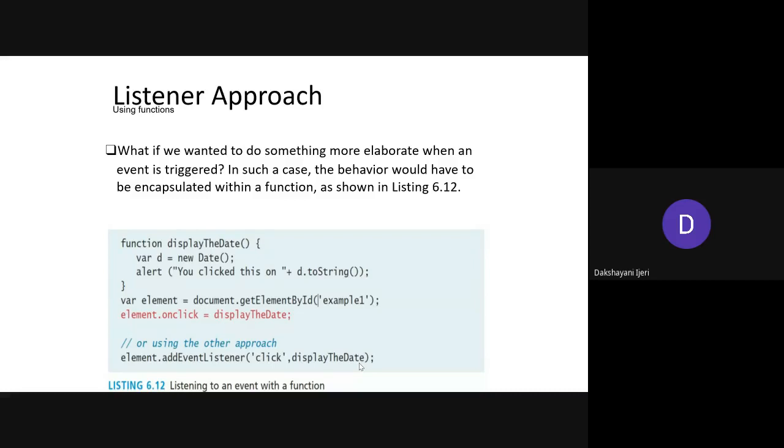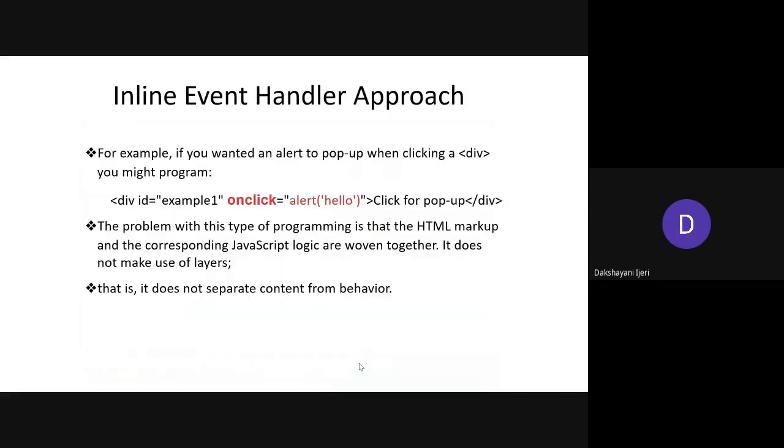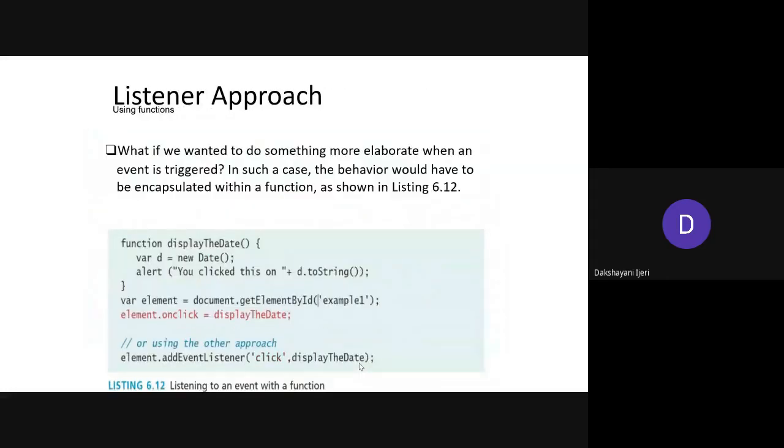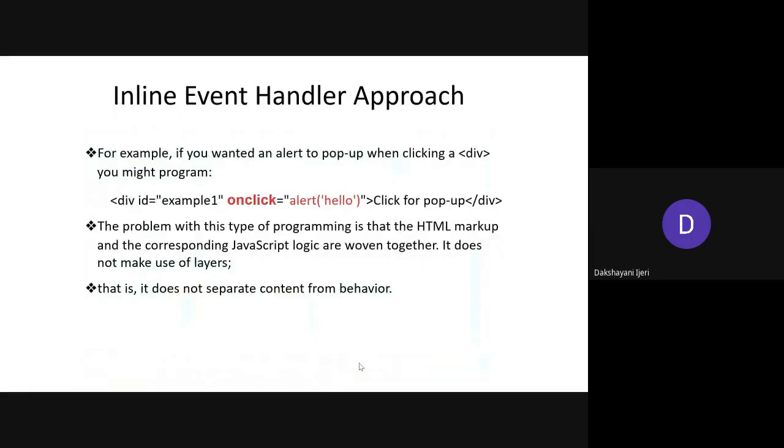Okay, so for the rest of the things, from the exam point of view, you should be able to remember these things exactly the way they have been given in your book. What kind of question will be asked for this particular concept is: explain the different approaches of event handling.